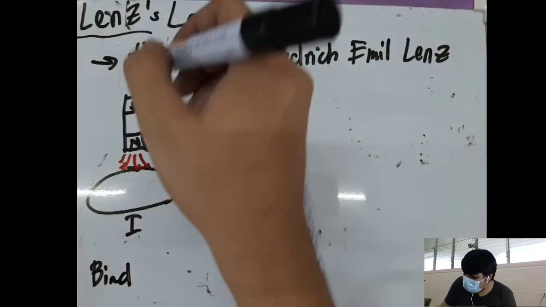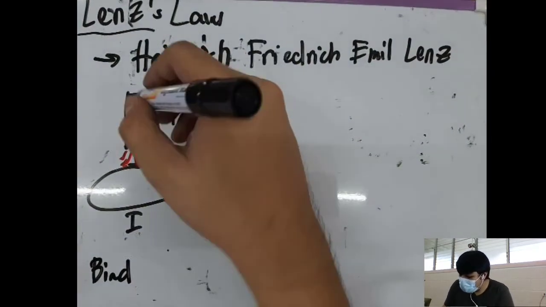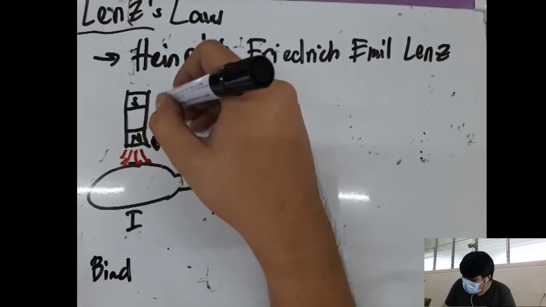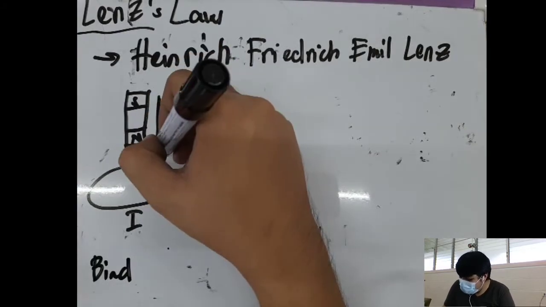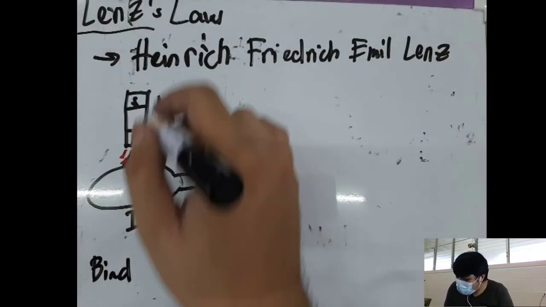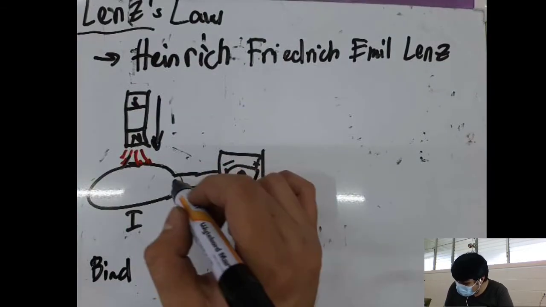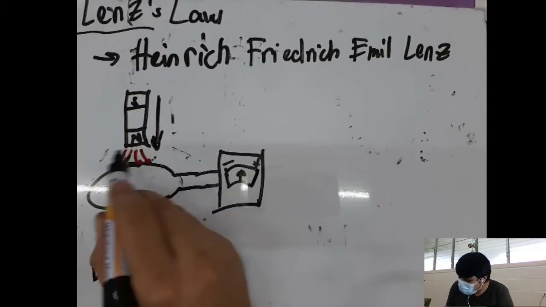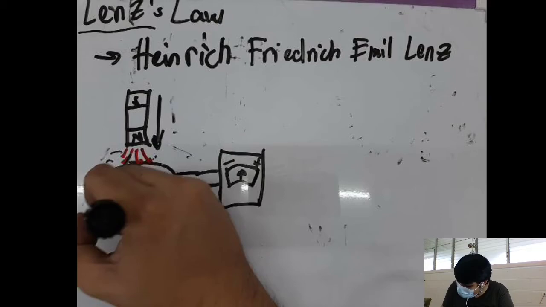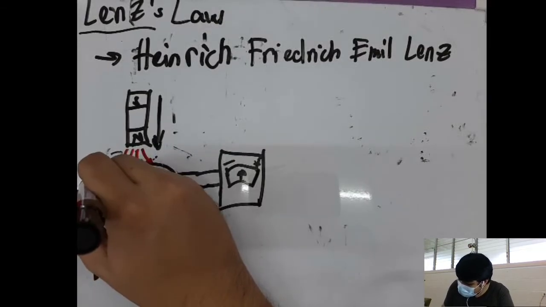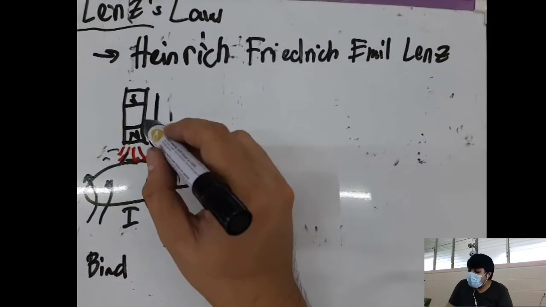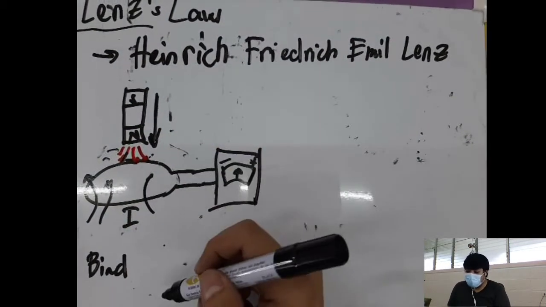So for example, if we move the northern part of the magnet towards the wire loop, whose magnetic field lines are denoted by these arrows, that means the current will also produce an induced magnetic field opposing that motion towards your current loop, okay?